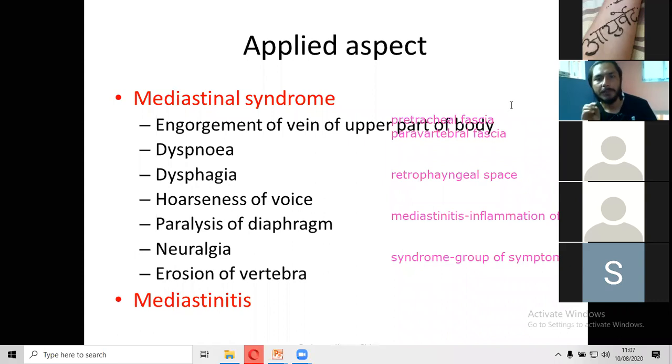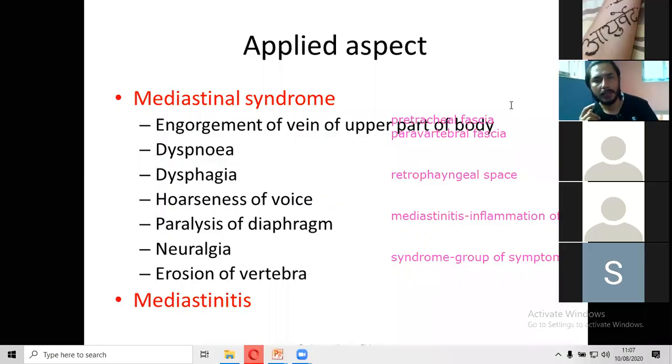Okay. So see, if any tumor arises in the mediastinum, then what will happen? If any tumor is there, there is no space for that tumor. So if any growth is there, it may compress the surrounding structures, isn't it?